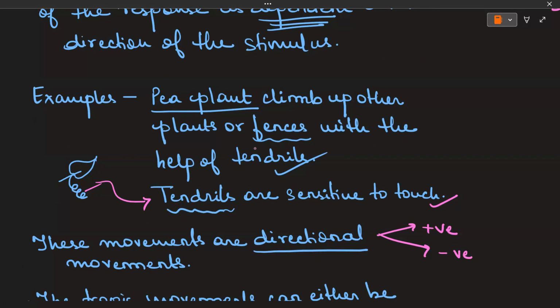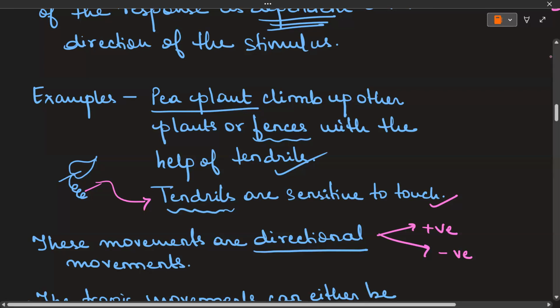Now see what is the meaning of the response being dependent or not dependent. When we were talking about the nastic movement, as soon as we touched the touch me not plant, it folded towards itself. Did it open towards us? No, ma'am. But in the tropic movement, as soon as the tendril got a support, it wrapped around it.